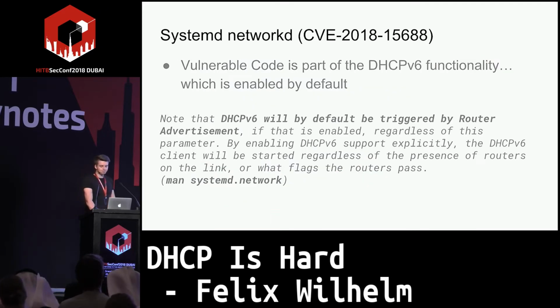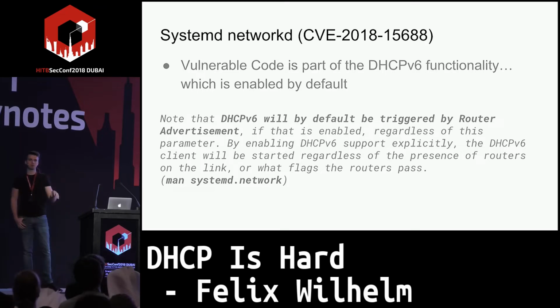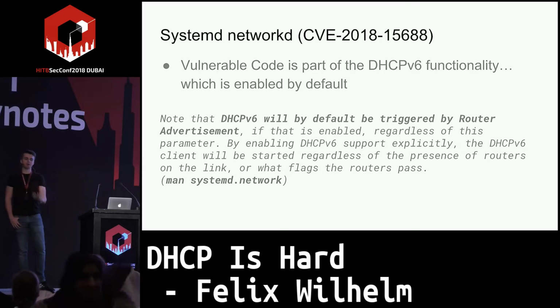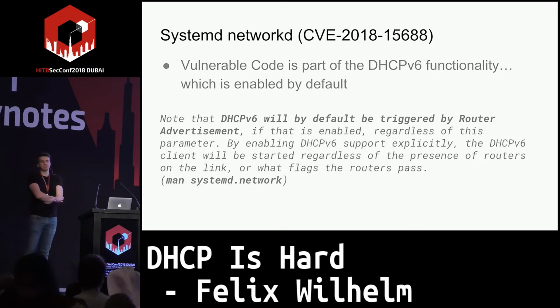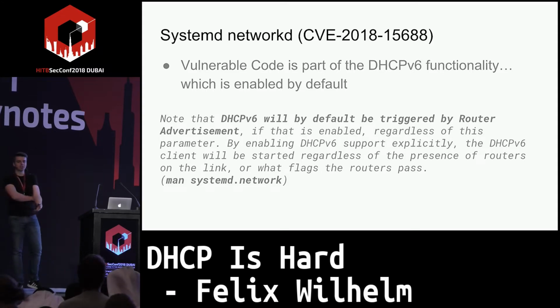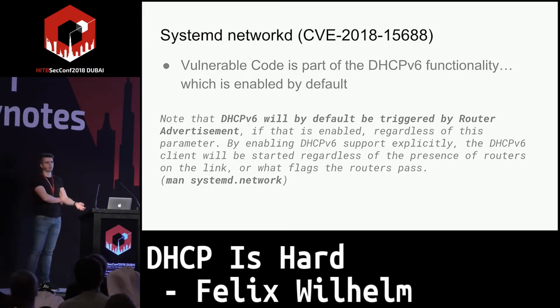And again, the vulnerable code here is part of the DHCP version 6 functionality. However, it's enabled by default, and systemd-networkd even has the property that it will enable DHCP version 6 even if the administrator disables it in the configuration.